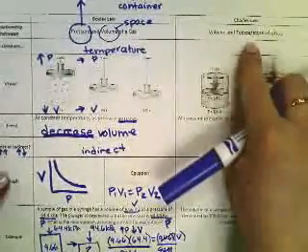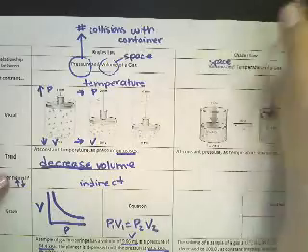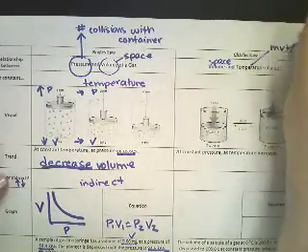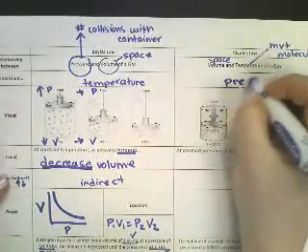Next will be Charles' law. We're asking the same questions. So I have a relationship between volume and temperature now. Remember, volume is space. Temperature is the movement of molecules. At constant is pressure now.